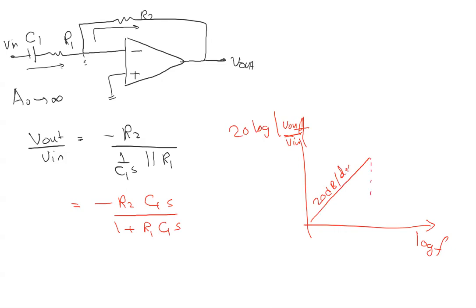And once we meet the first pole located at 1 over R1 C1, we will continue with a flat transfer function. So you can see now we are attenuating the low frequencies and passing the high frequencies, which tells us that this is acting as a high pass filter. Both of these filters are first order filters.